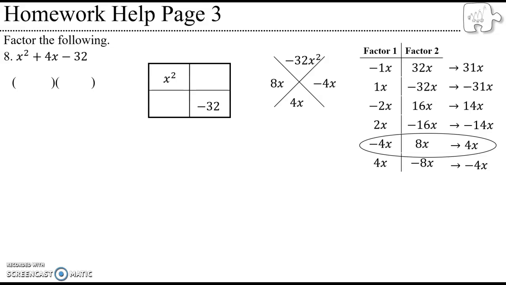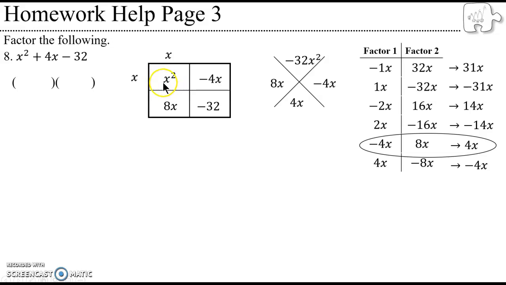Then we want to fill it into our generic rectangle. We put an 8x and negative 4x here, and we could put them in either of the two boxes. Now the only two things that could multiply together to give us x squared are x and x. The other way to think about it is that both of these have an x, so we could put an x on top, and both of these have an x, so we could put an x to the side.